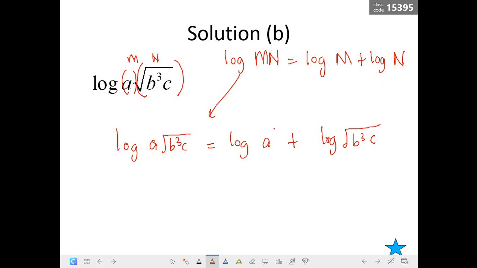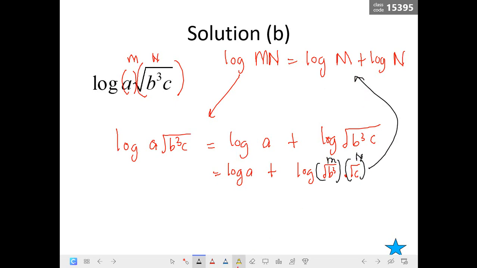Okay, from one term to two terms. This one settles for log A. Either you separate like this, the cube root of B cubed times the cube root of C, bring the half to the front. Let's say you want to use this. Follow, this is M, this is N. Follow the third rule. Then rewrite log A plus.